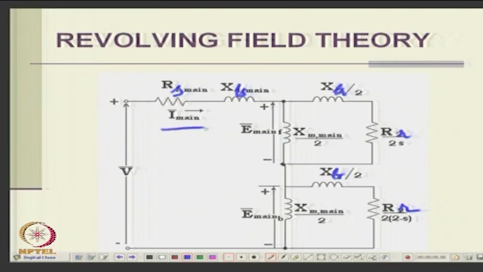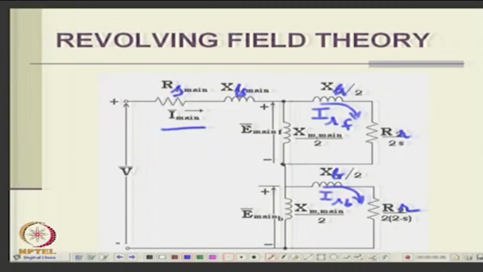This is the I main. Now, IR you can call IRF due to the forward field, and this will be IRB due to the backward field, right. I know we have jumped ahead; when we go to other steps we will see how it is.